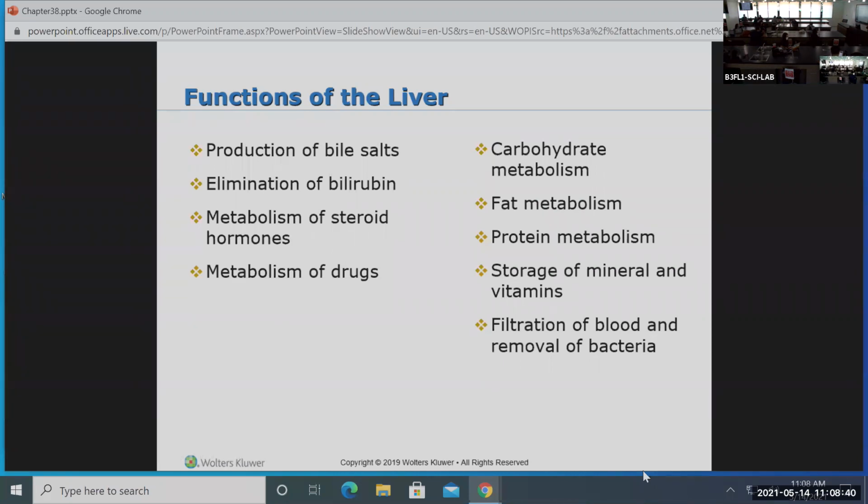Who does this one? Filtration of blood and removal of bacteria. The kidney? What does the liver have? What cell is performing this last function, removal of bacteria or old or deformed RBC? Anybody? We do have some cell in the liver that eats those products like bacteria.